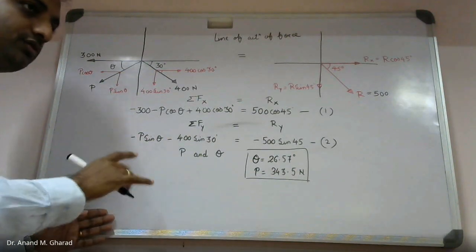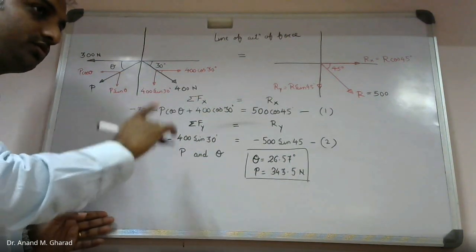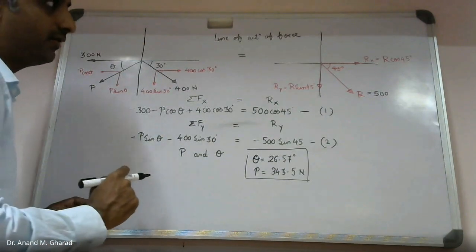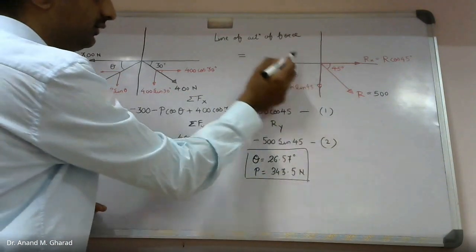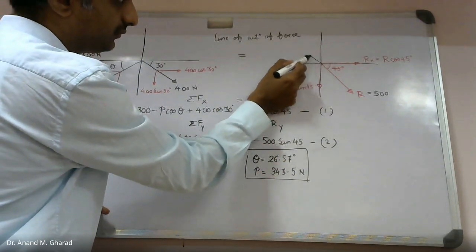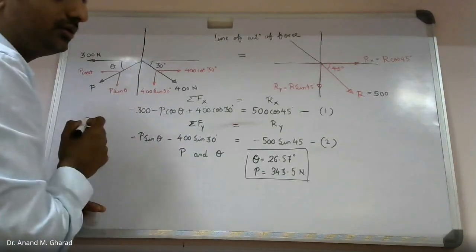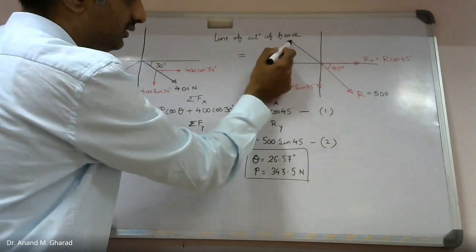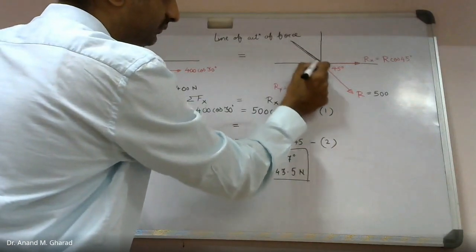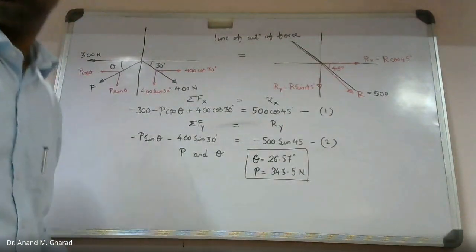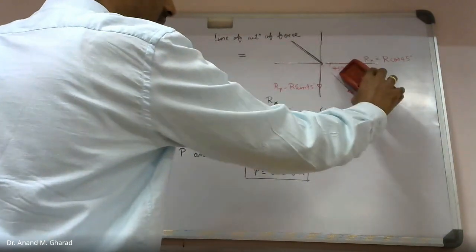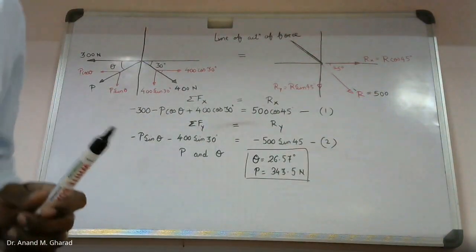If the lines of action of all these forces are passing through a single point, that is known as a concurrent type of force system, right? And you can see if I extend this, this extension is nothing but the line of action of the force R. Okay. Right. So fine.